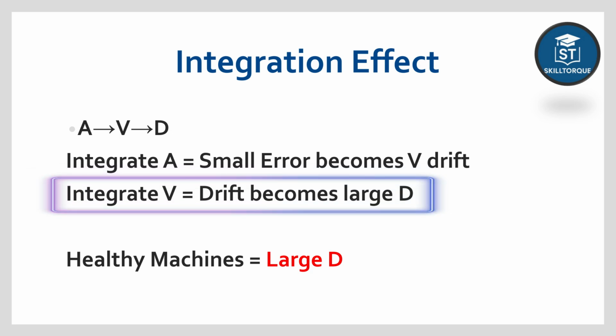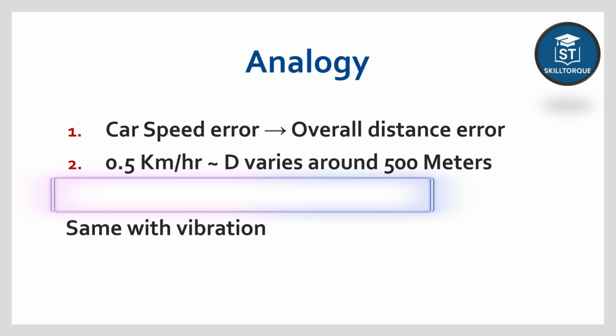But practically, if you measure the machine displacement using proximity probes, the displacement will be very low, right? So even when the machine is healthy, the displacement value is always high or fluctuating; the displacement starts walking away.